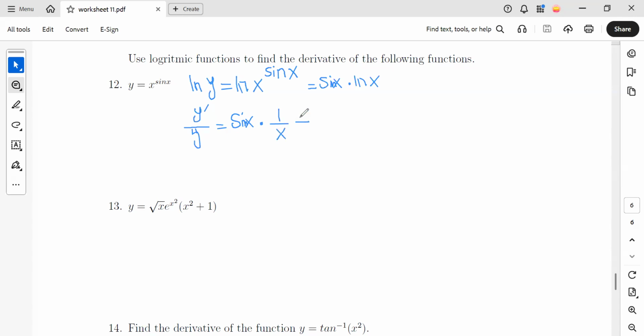plus copy the second one, which is ln of x, and the derivative of the first one, which is cosine of x.